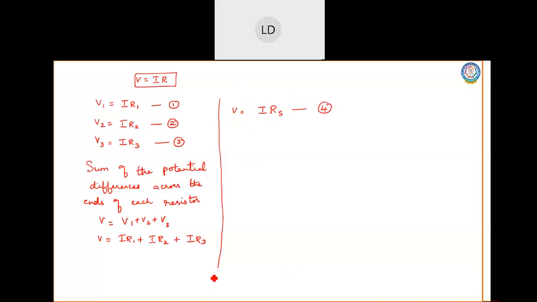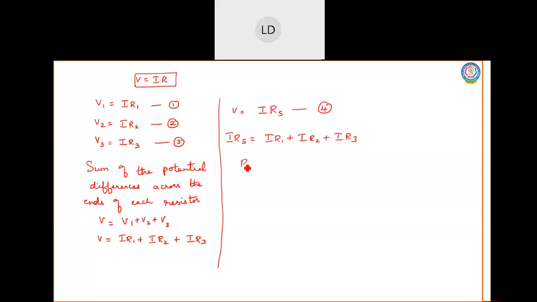Now what I am going to do is, I am going to substitute the value of V in this equation, right? So now this equation will become I into Rs. On the right side, as usual, I have IR1 plus IR2 plus IR3. So all the I gets cancelled here now.